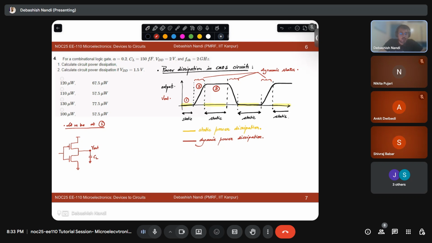What is my output? Output is 0. That means CL is not discharging. Why would it discharge? It is at 0, so V out is stable at 0. Output is fixed at 0 volt.